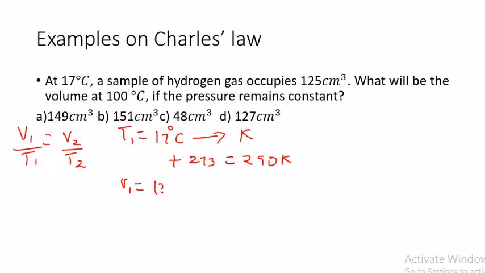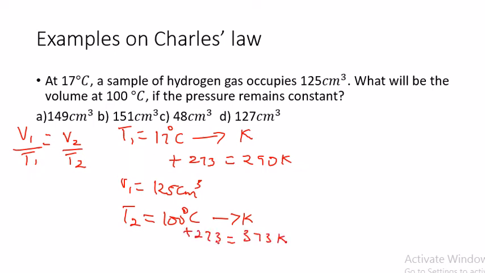Initial volume is 125 centimeter cube. What will be the volume at 100 degrees Celsius? So our final temperature is 100 degrees Celsius, also converted to Kelvin. So plus 273, this will be 373 Kelvin. Okay, so what will be the volume? So we are looking for the volume. We are using this formula.